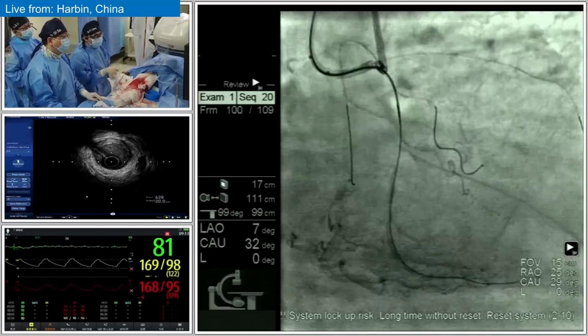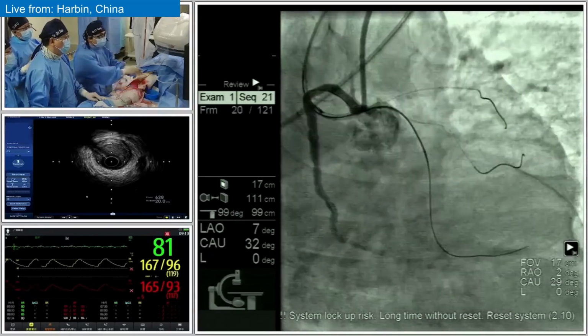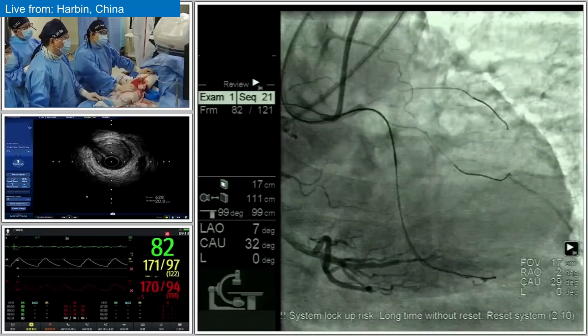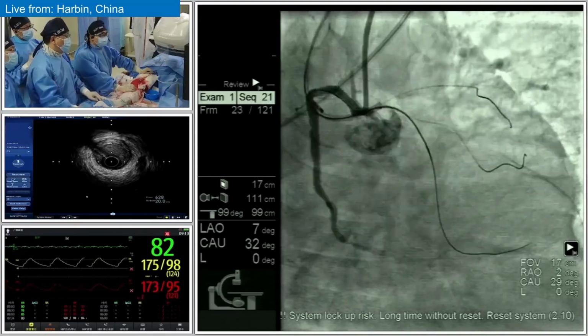So you did feel a little bit of resistance, and that's why you exchanged the dual lumen catheter with the Corsair, right? Yes, to increase the backup.